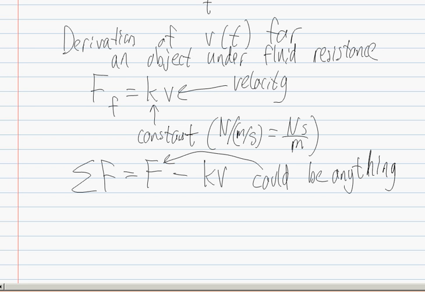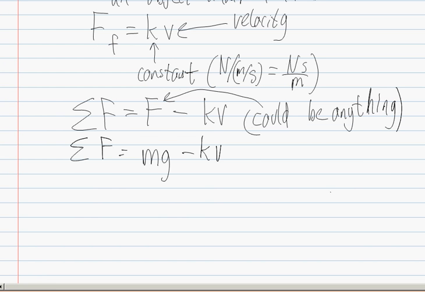But for our derivation, we're going to use mg minus kv. And that's the net force. And that's pretty easy to understand. Okay. And we know that net force equals ma. So we can say ma equals mg minus kv.